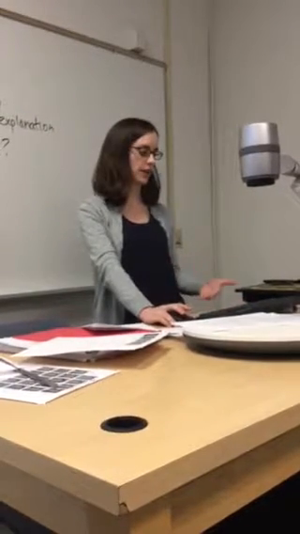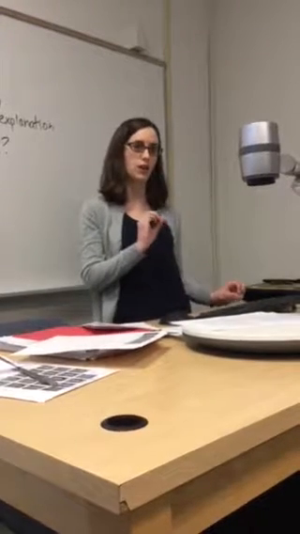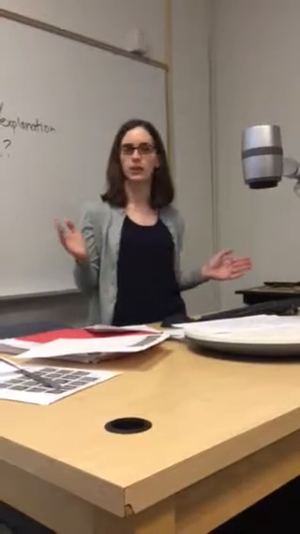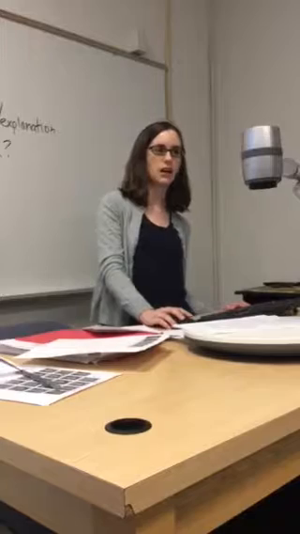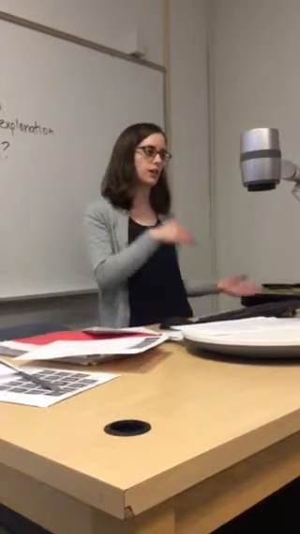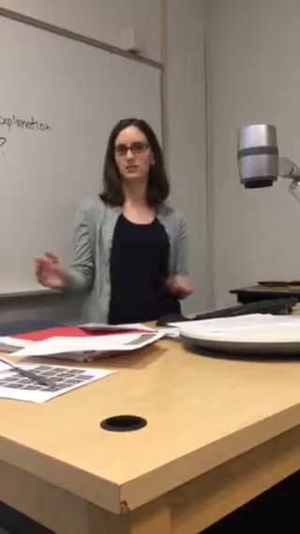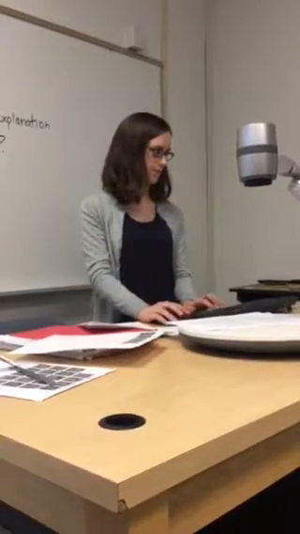Then after we're all done, we are going to flip over our handouts and draw a Venn diagram, and you're going to compare your version of the text with the original version. And then we're going to just share out and talk about it and see what kinds of things you can do with one version of a text versus the different version of the text. Okay, any questions? Nope. All right.